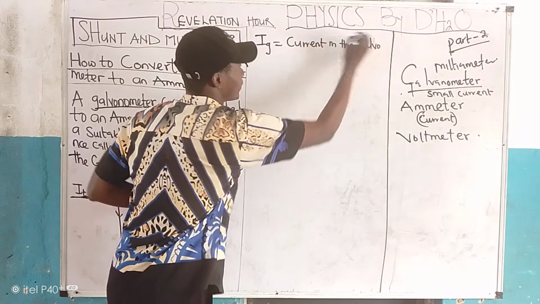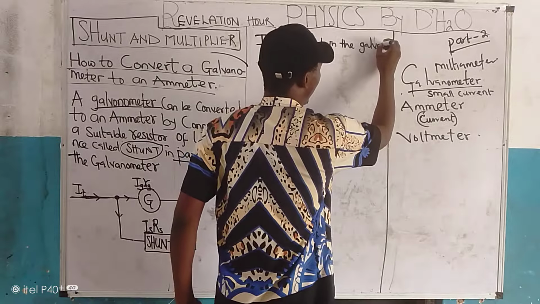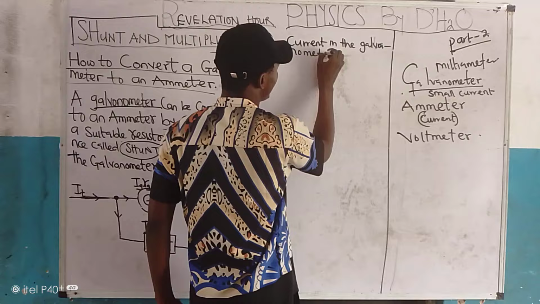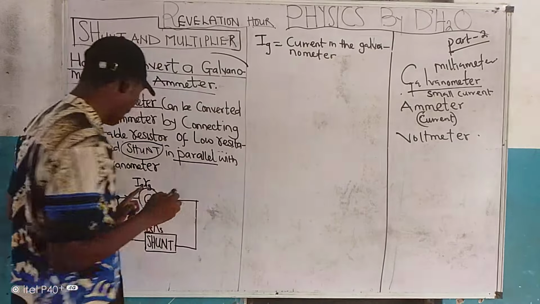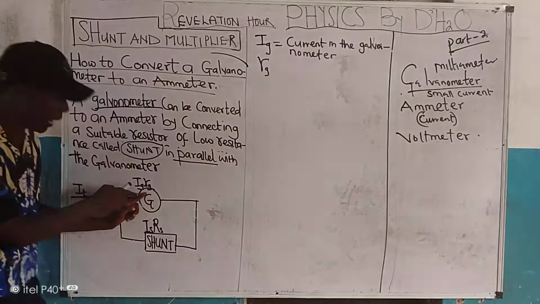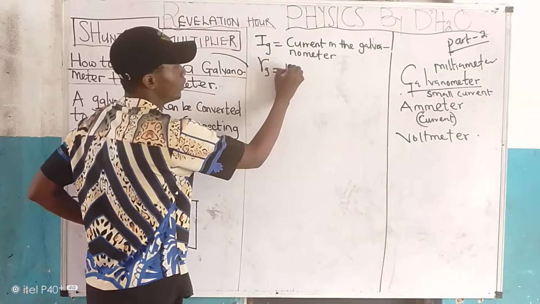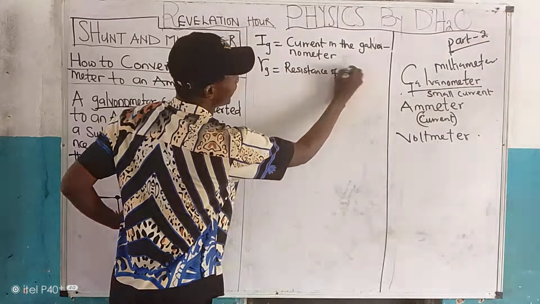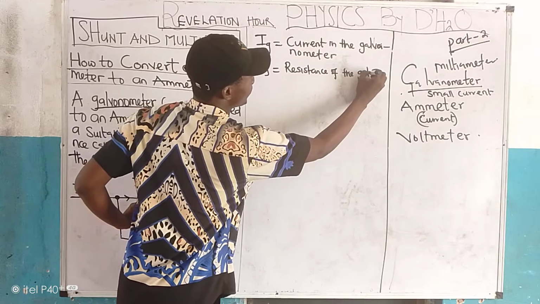Take note of that. Then the letter G in this diagram signifies the resistance of the galvanometer.